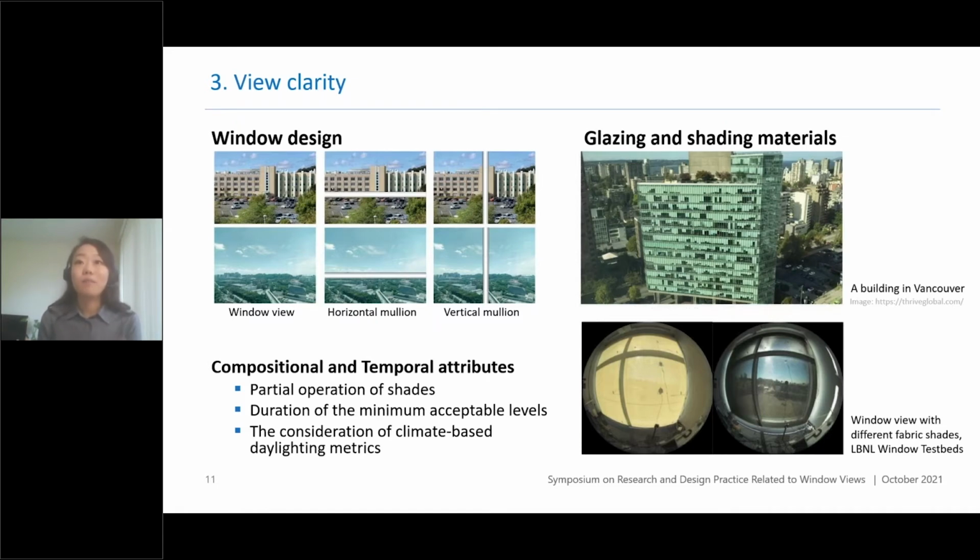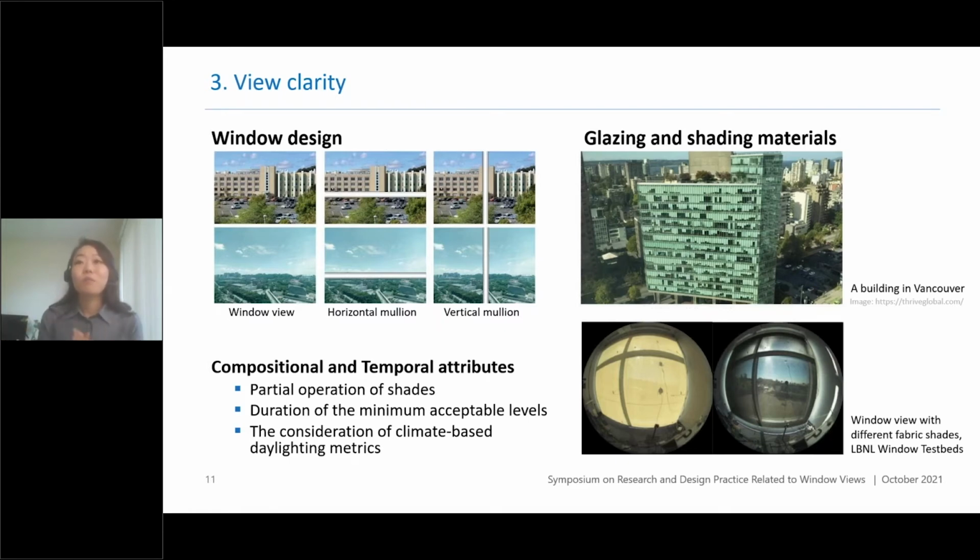In a building in Vancouver, you can see that even though the designer designed the building to maximize the view connection, with a maximized glass area, often people need to draw the blinds. So the balance between visual and thermal comfort and discomfort, and window view should be considered.